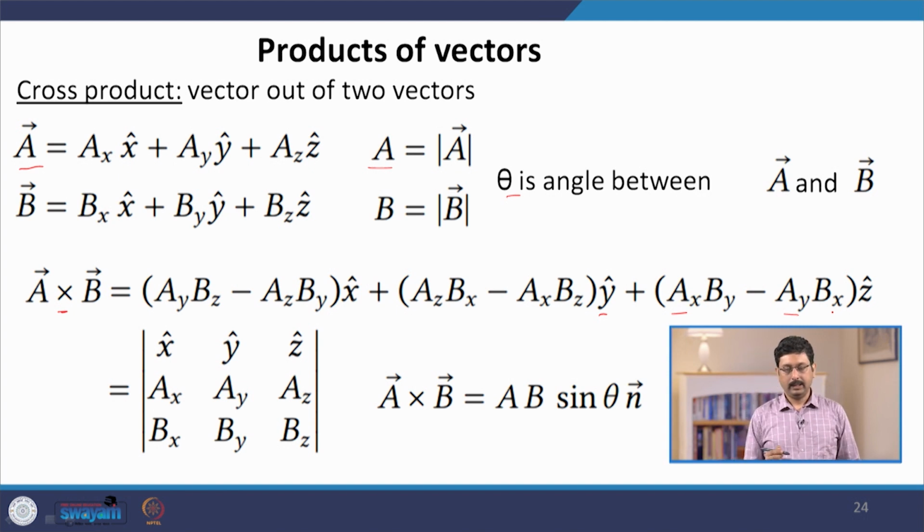Now, there is a simple way to remember this formula, which is to write this formula as a determinant. In the first row you write down the unit vectors, in the second row you write down the components of the vector A. What is A? A is the first vector.